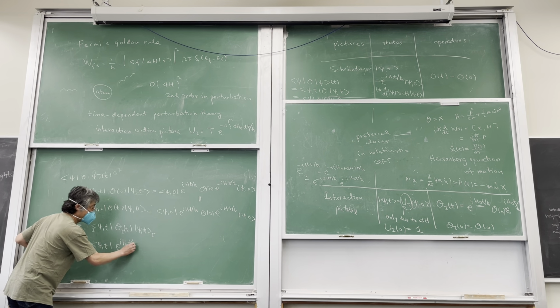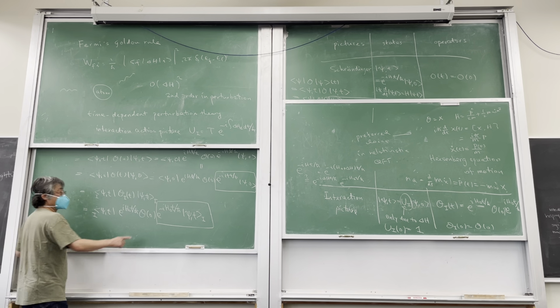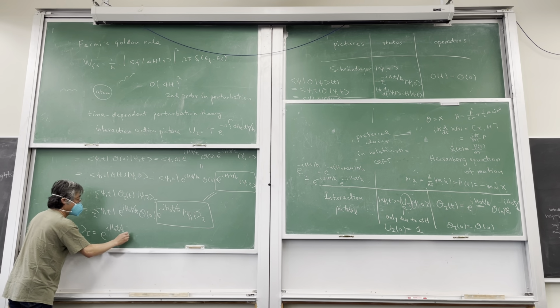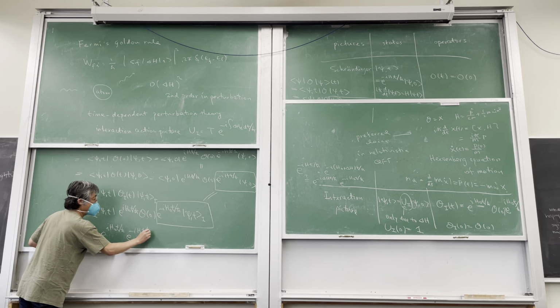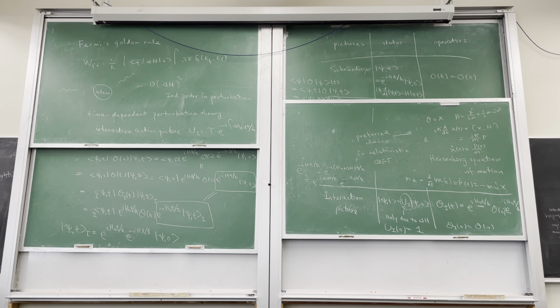And to make sure that this is the same as that one, this thing has to be the same as that one, right? Then you are guaranteed that observables come out the same way. So by acting with the inverse of this operator on both sides of the equation, now you find the definition of the state in the interaction picture.